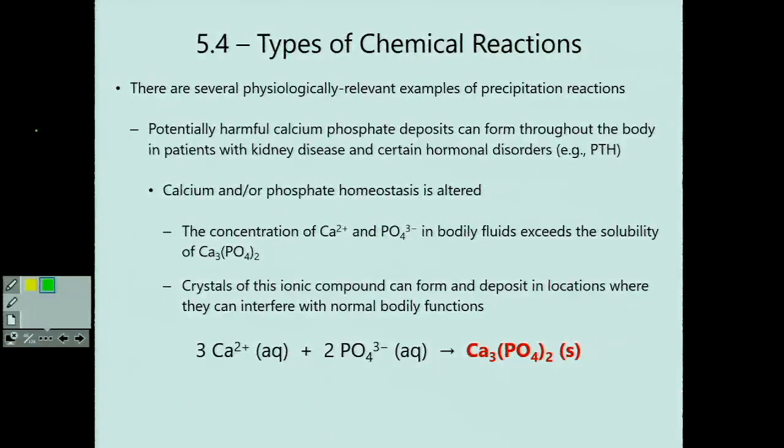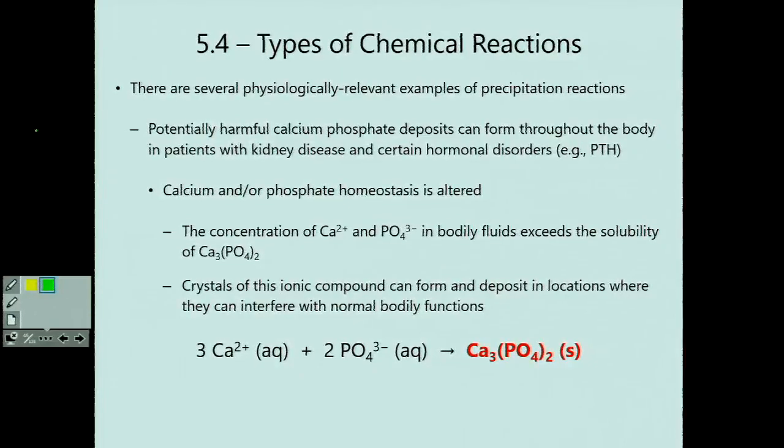Because the moment your calcium and/or phosphate concentrations in your blood are off of what they should be, and suddenly calcium ions find phosphate ions at a ratio that's higher than allows for solubility, a precipitate will form.